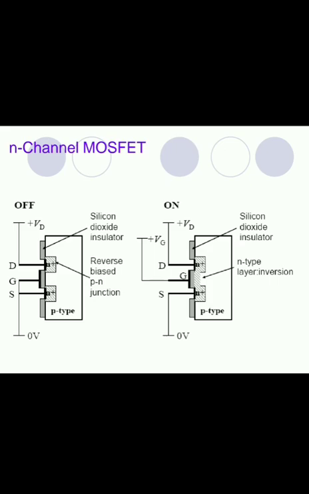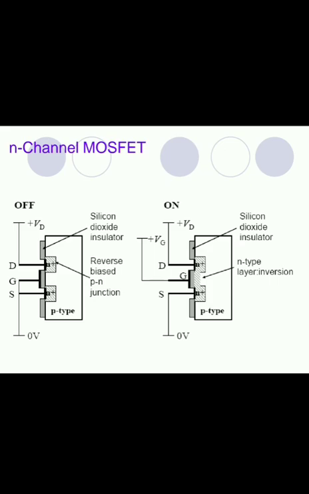If we are supposed to study about N channel MOSFET, you are supposed to take one P type substrate. After that, you can take two N type semiconductors, one as drain and the other as a source.